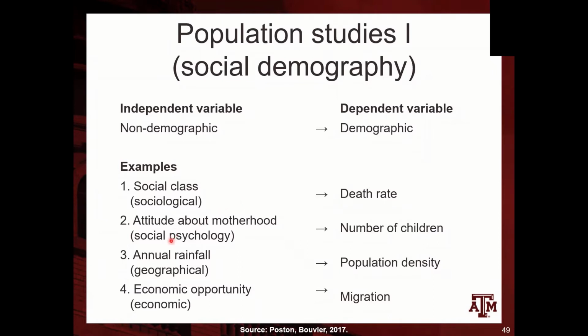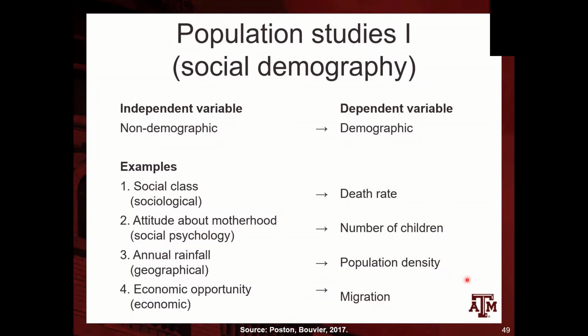And social psychology, for example, attitude about motherhood, whether a specific group of women with specific characteristics would like to have children, will impact the number of children that they will have. Number of children is fertility. And the annual rainfall rate of a specific area, so a geographical variable, might affect population density.